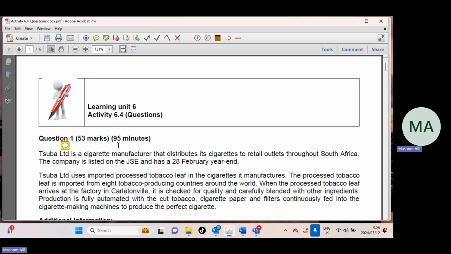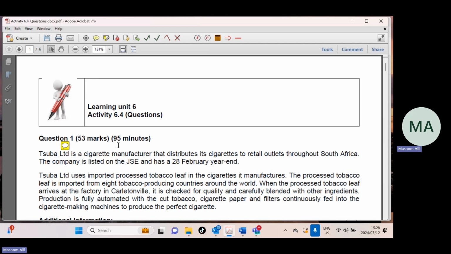And obviously, there's a change in accounting policy. Any increase or decrease to earnings per share as a result of your change in accounting policy would also need to be shown, and those are marks for free. So you would notice information about share capital being given, things like that. That is what is very, very relevant.